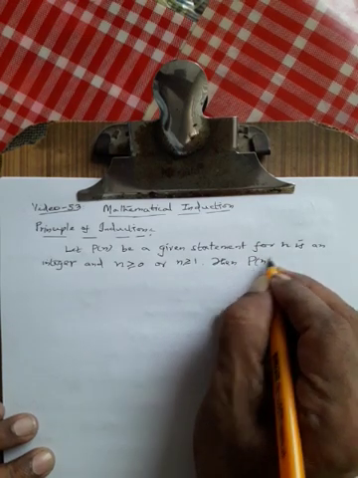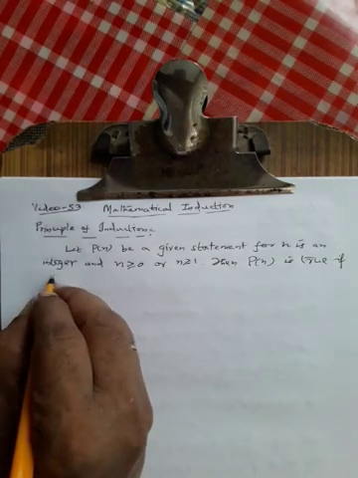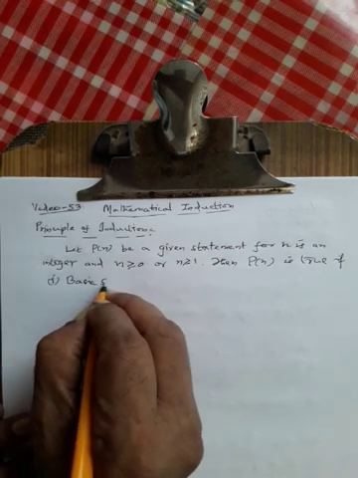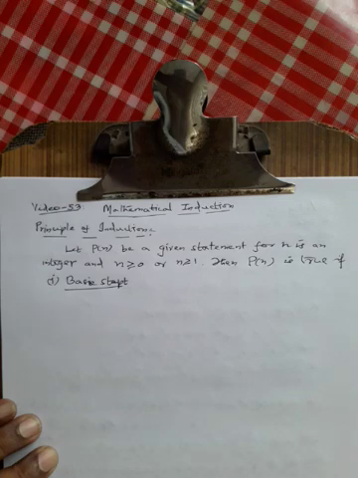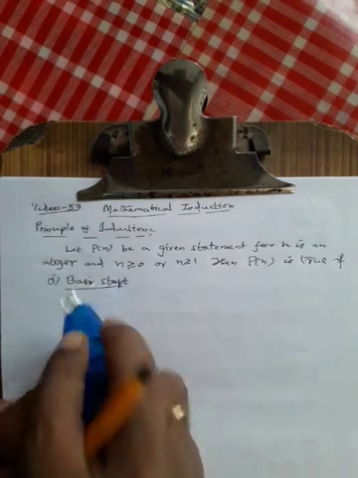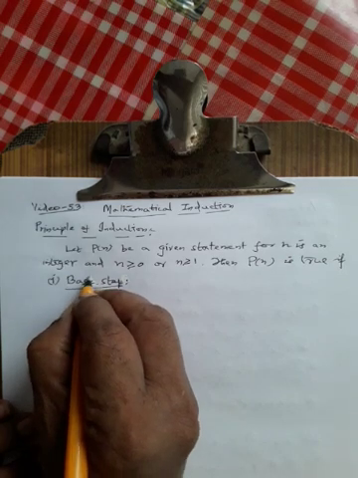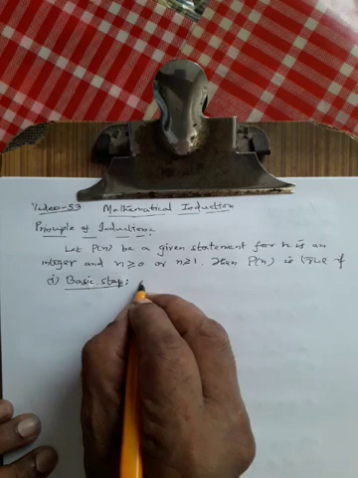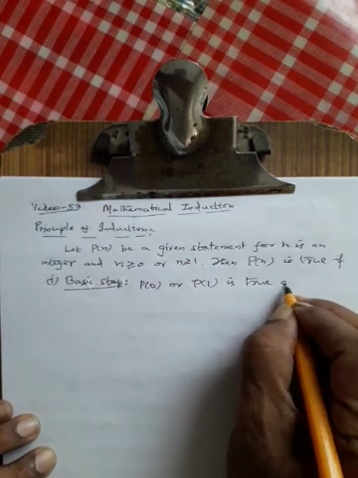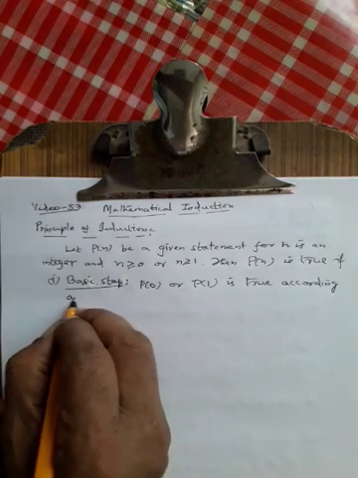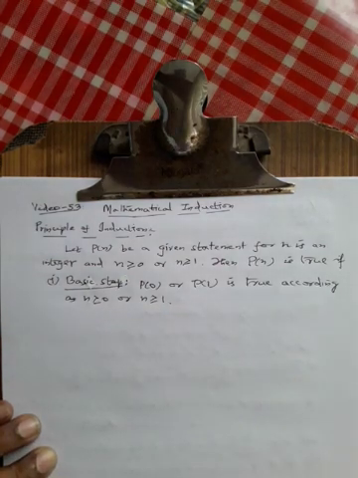Then P of n is true if condition 1, what is known as the basic step, holds: P of 0 or P of 1 is true, according as n is greater than or equal to 0 or n is greater than or equal to 1. The basic step should be true.